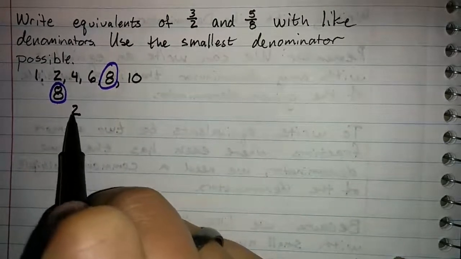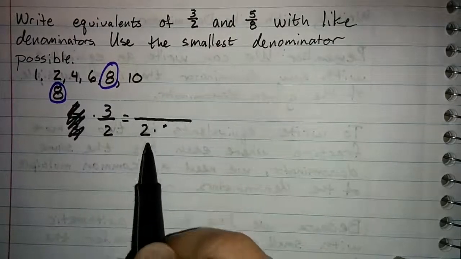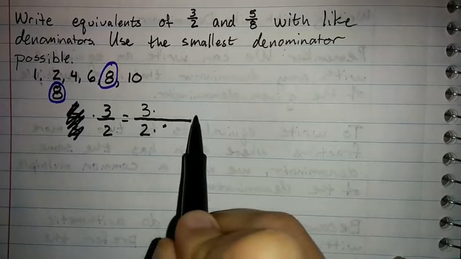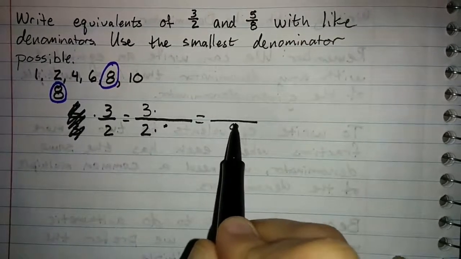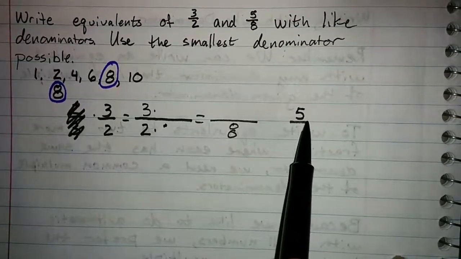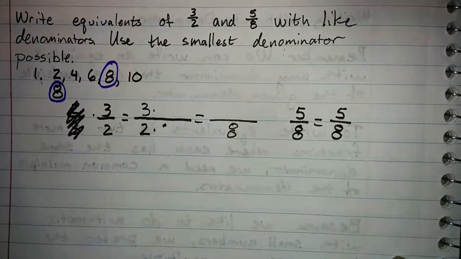We'll say 3/2 is 3 times something over 2 times something, equal to some number of eighths. And, well, 5/8 we're just going to leave as 5/8. What do we need to multiply 2 by to get 8?